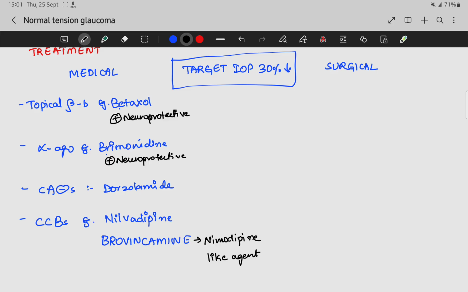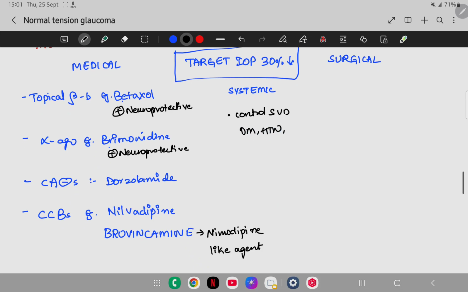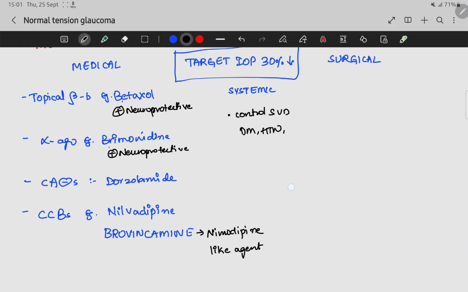Okay, then we should also take care of some systemic conditions. So we should control the systemic vascular diseases like diabetes, hypertension, hyperlipidemias, anemias, and also that should be taken care of.